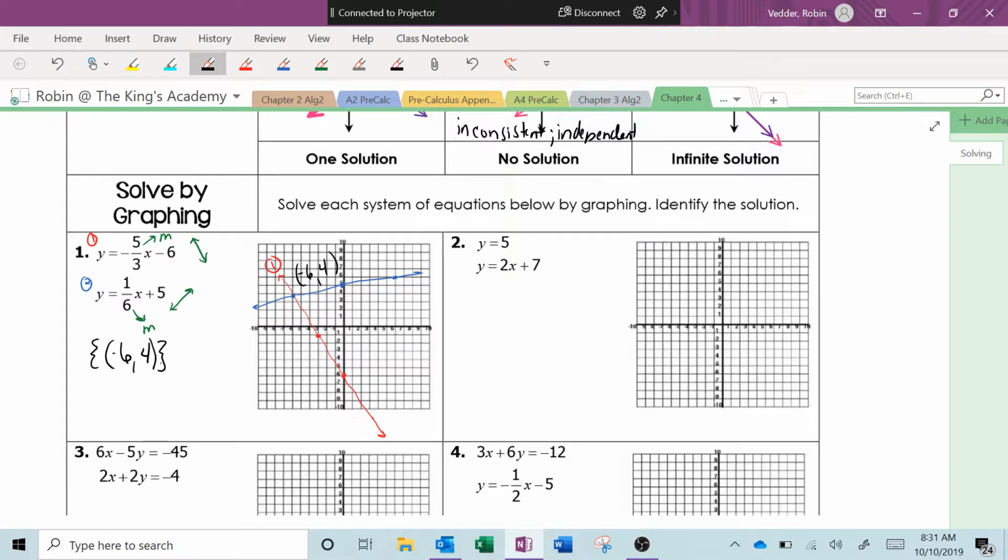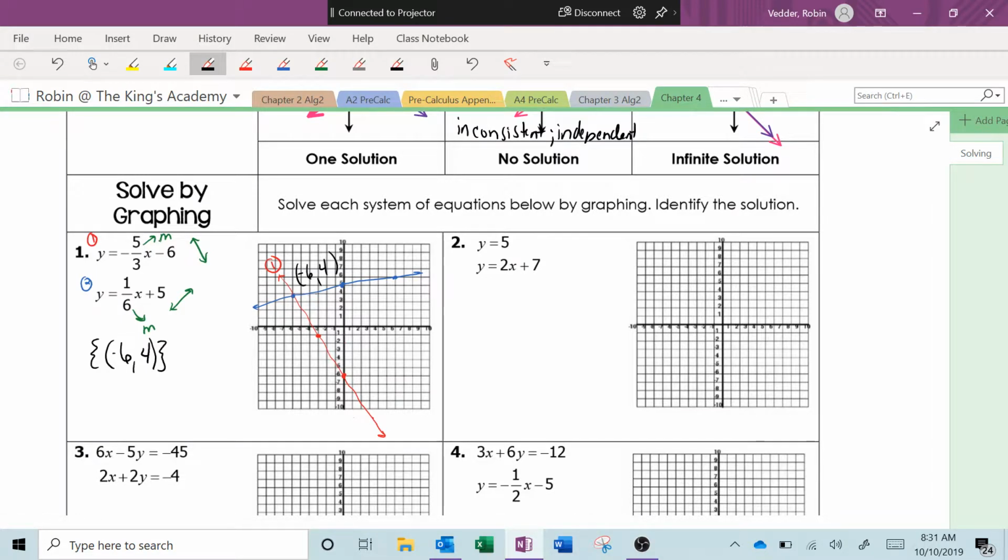There's also a way that you could just check and make sure that it is in fact a solution. How could we check to see if this point is in fact a solution of each of these equations? Any thoughts? Like if you were asked, is this point a solution of this line? Yeah, plug in the x and y.